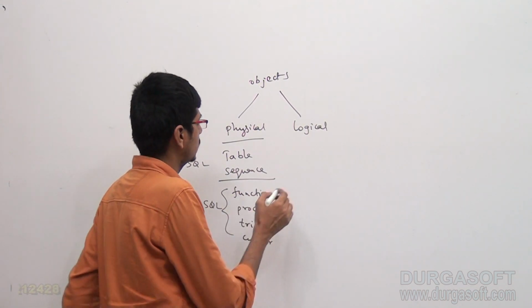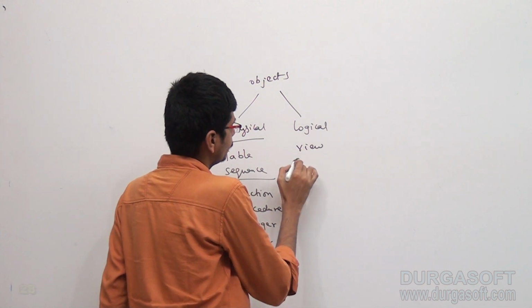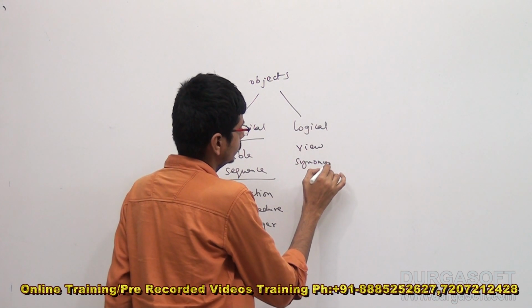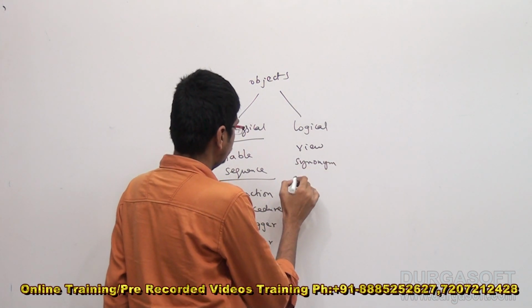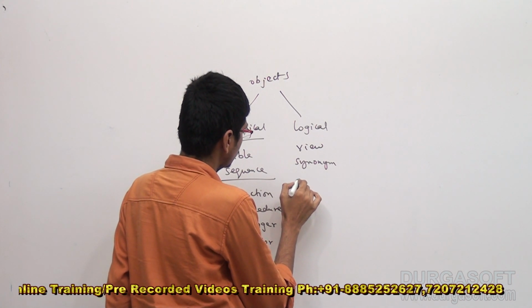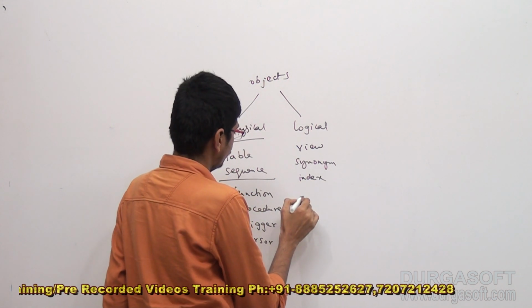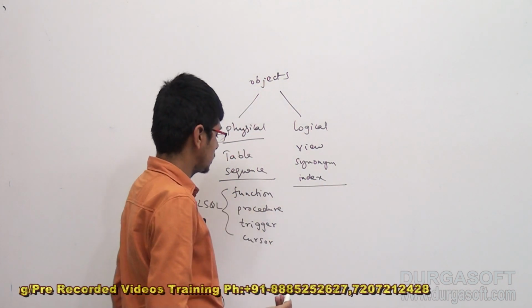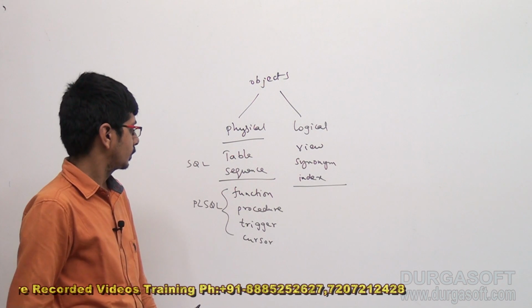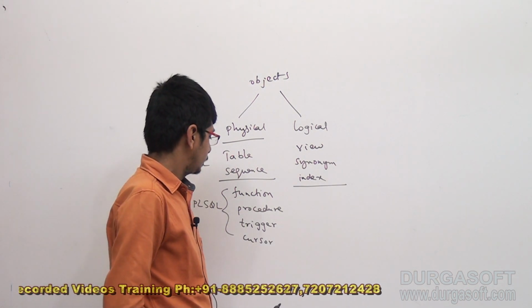And logical objects, we have something called view, synonym, index. So these are all some logical objects in SQL.